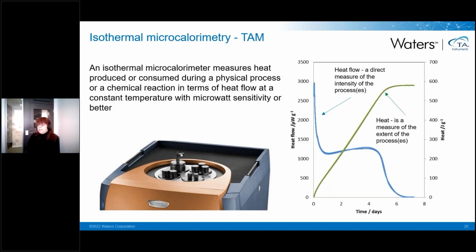The intensity relates to the reaction rate times the enthalpy of the reaction. If we integrate the heat flow, we get the heat, the green graph here, which is a measure of the extent of the process. If we let the reaction go to completion, we get the total apparent enthalpy of the process you are studying.